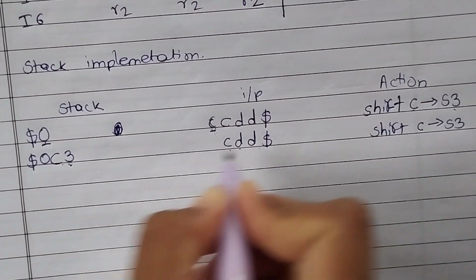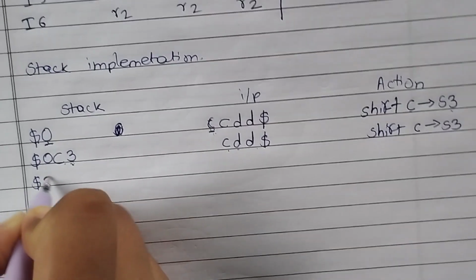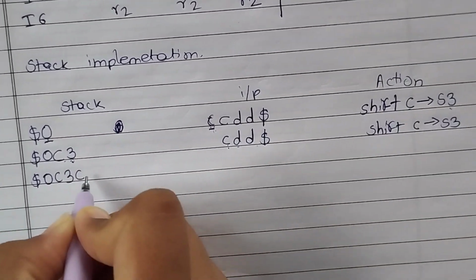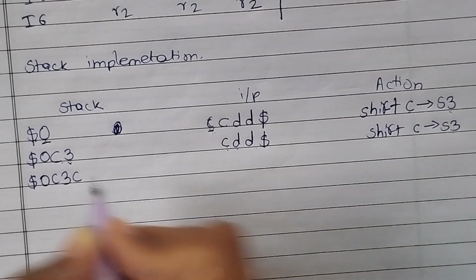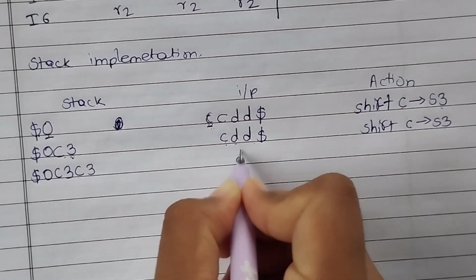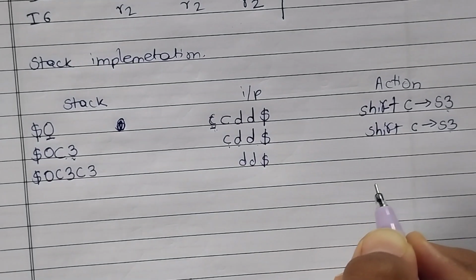So dollar 0 C3, and we shift this opening bracket, and the shifting is 3. So S3. Now the remaining D dollar is as it is.